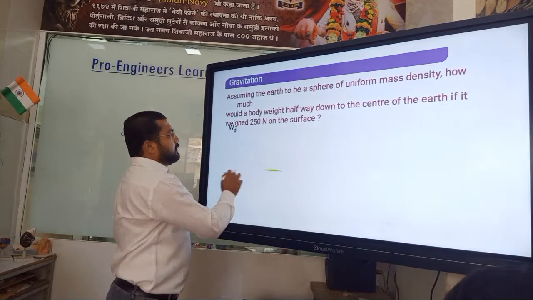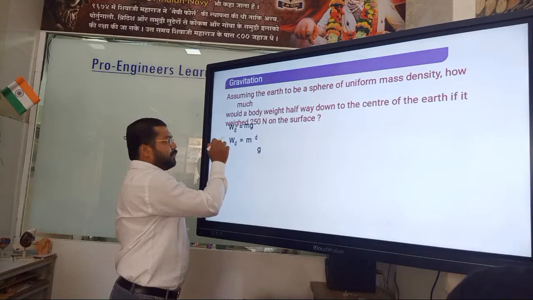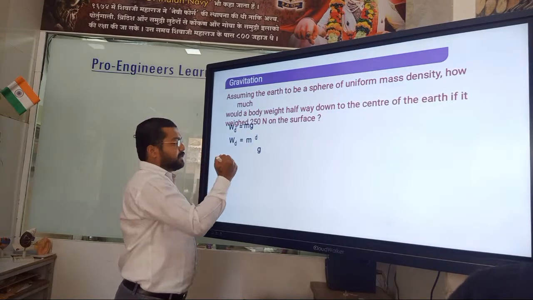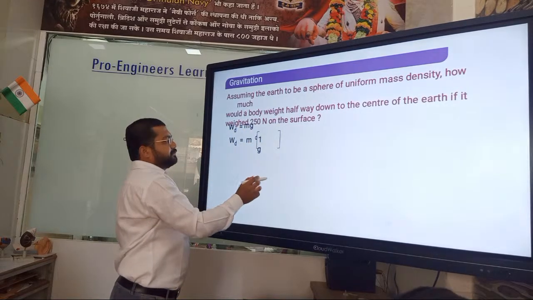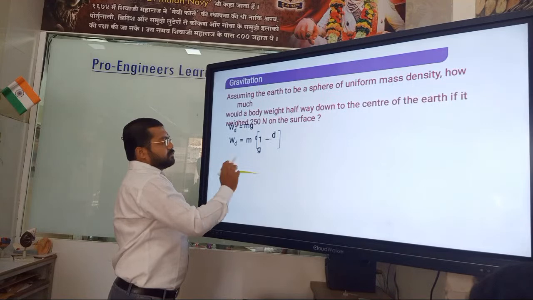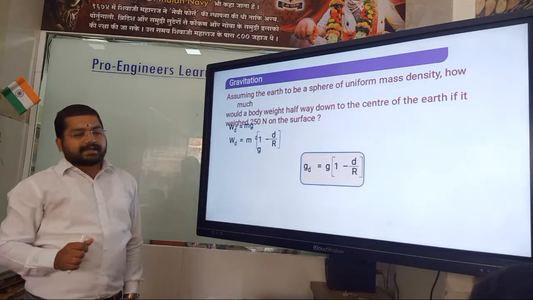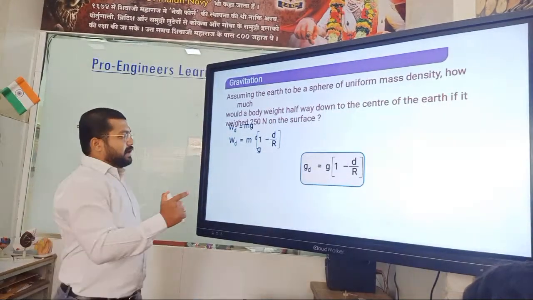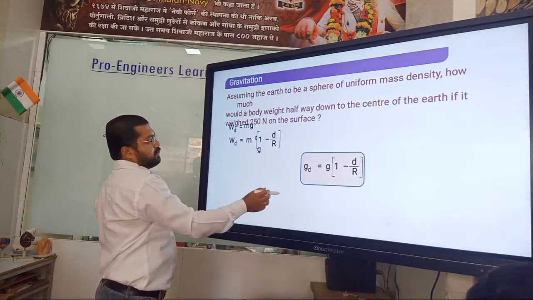So further, mg_d equals the weight at depth. So gd is nothing but g in bracket 1 minus d by r. So what we can do? Here is gd, no? Yes.